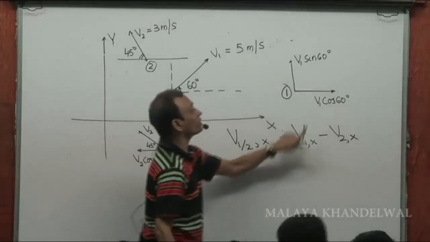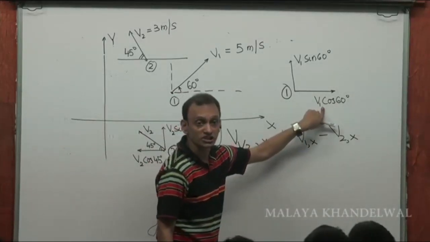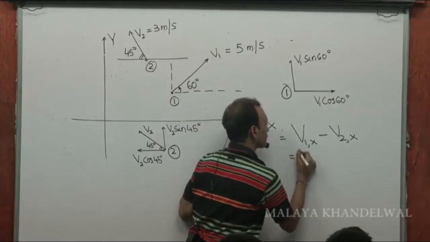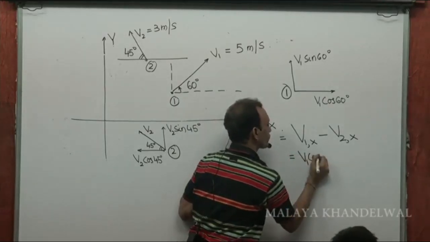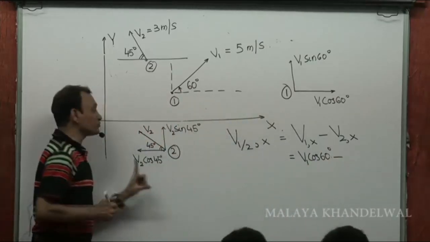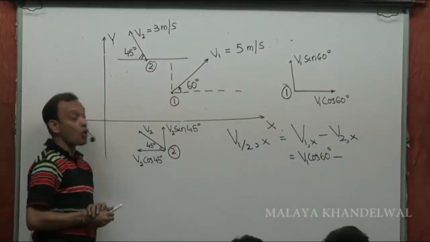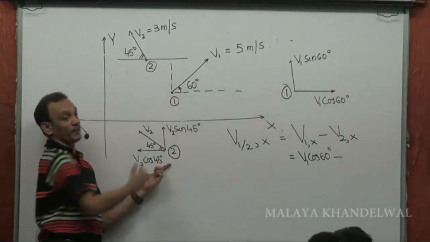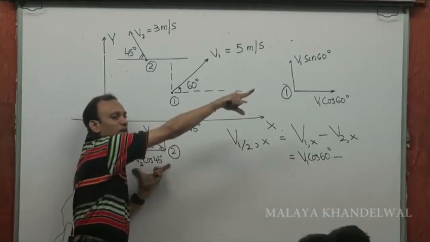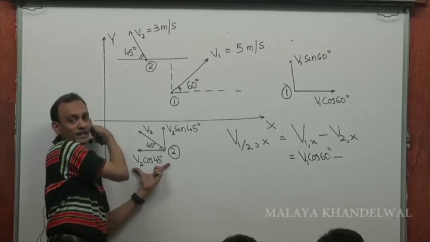What is the velocity of 1 along the x-axis? V1 cos 60 degrees, right? Minus. What is velocity of 2 along the x-axis? Minus V2 cos 45 degrees, because it's in the negative x direction. I've chosen everything positive here, so everything here would be chosen negative.